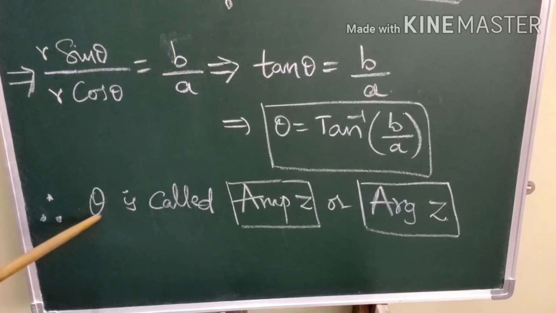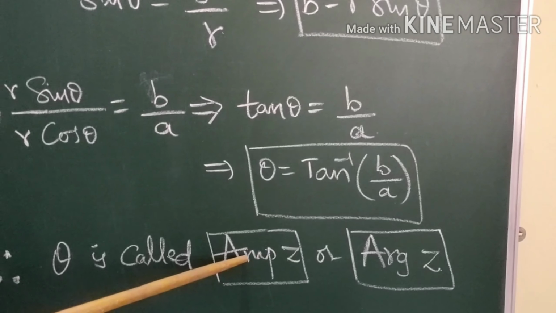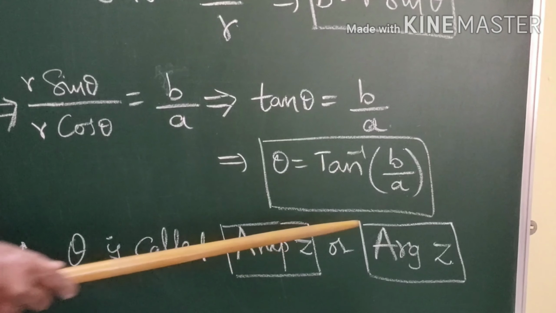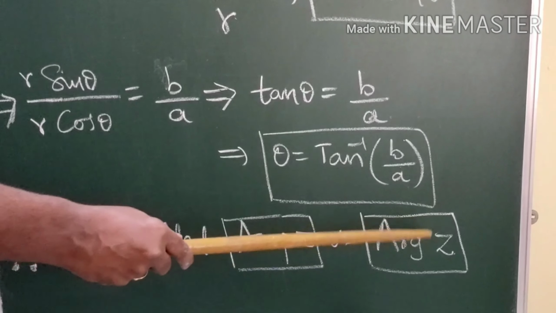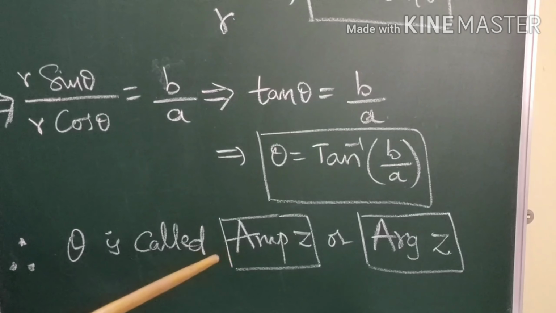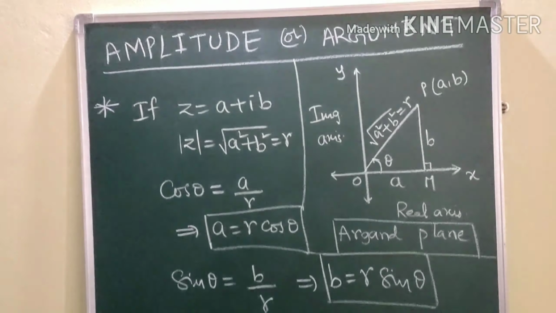Here theta is called amplitude of z, AMP of z, or we can say argument of z, ARG of z. So this is a clear explanation of amplitude or argument of complex number.